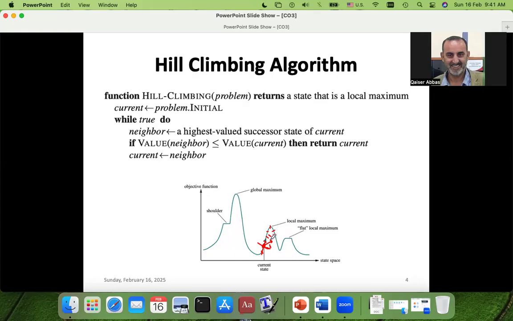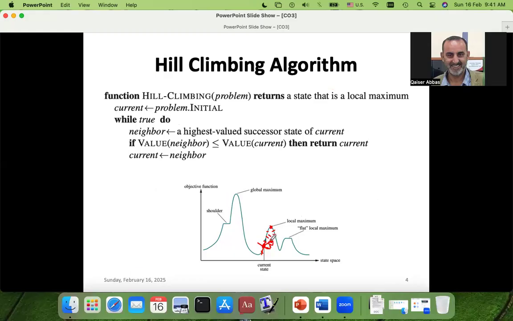From these neighbors it will see which neighbor is closest to this goal, and whichever neighbor is closest towards the goal, it will select that neighbor.